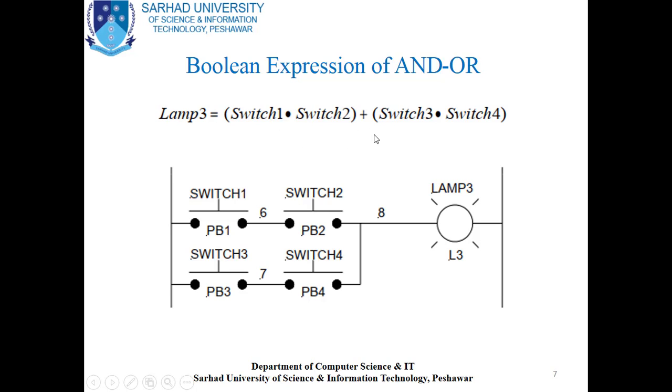So the right side expression is equal to the left side expression, which is lamp 3, and lamp 3 is the output. Here you can see the vertical lines, which represent the phase, and here you can see the neutral line.